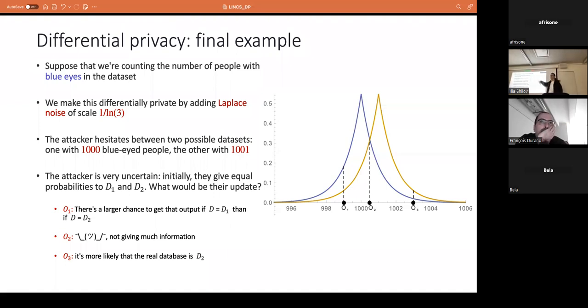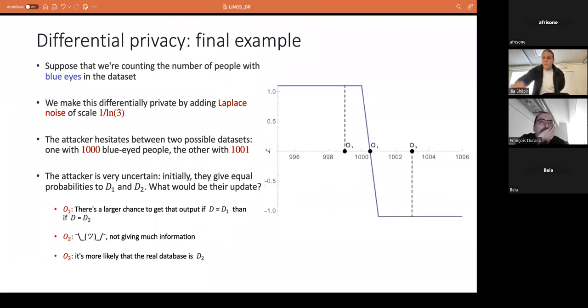It's equally probable to have this output. And if the output is O3, then the attacker now believes that this orange distribution is the true one. But when I say belief, it's not probability one. And the bounds of the update of the information of the attacker are given exactly by this graph, which represents the privacy loss, the graph of the privacy loss random variable.